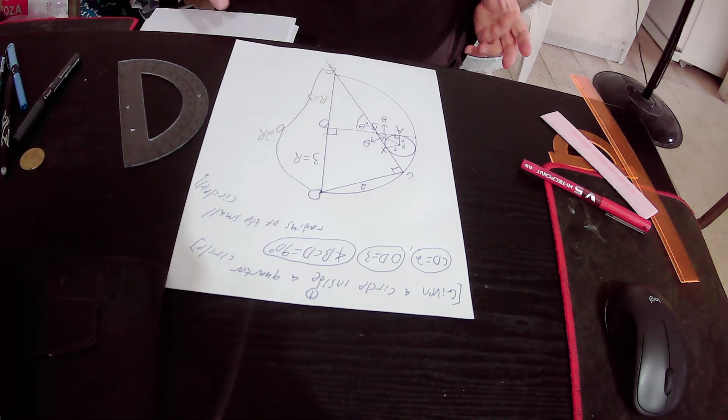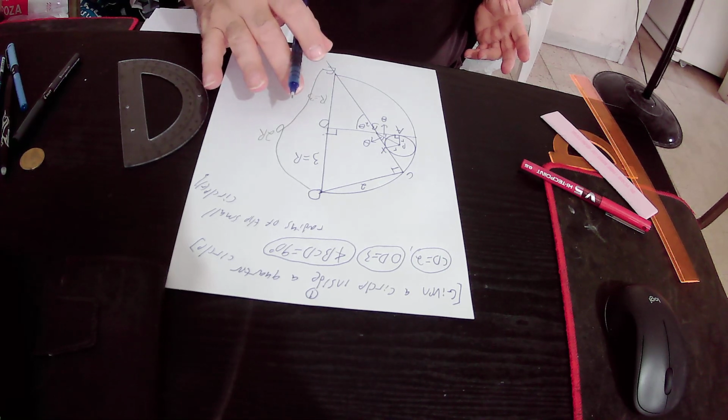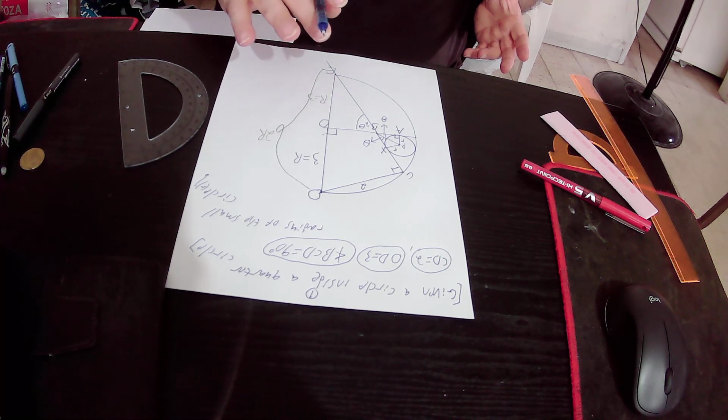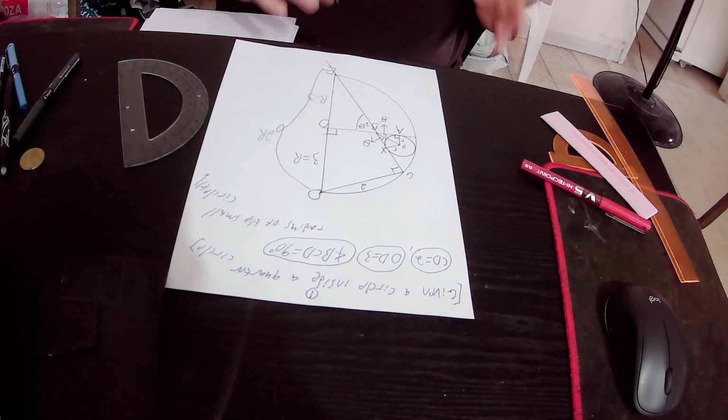So actually we know that DE or ED is the same, is the diameter of the quarter circle, and it is also the diameter of the semicircle. Therefore, ED as the diameter is also a straight line.